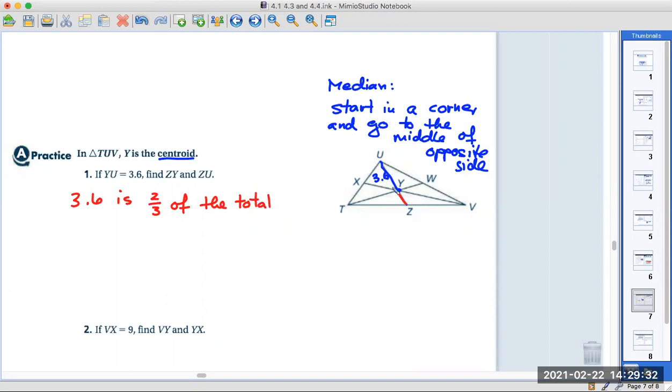So if you think about it, you can cut it into 3 equal parts. This is the first equal part, second, third, because 2/3 means you got 1/3 plus 1/3, and then plus another 1/3 is the total. So how much is 1/3? 3.6, if we divide that by 2, I need to use my calculator on that one. 1.8.